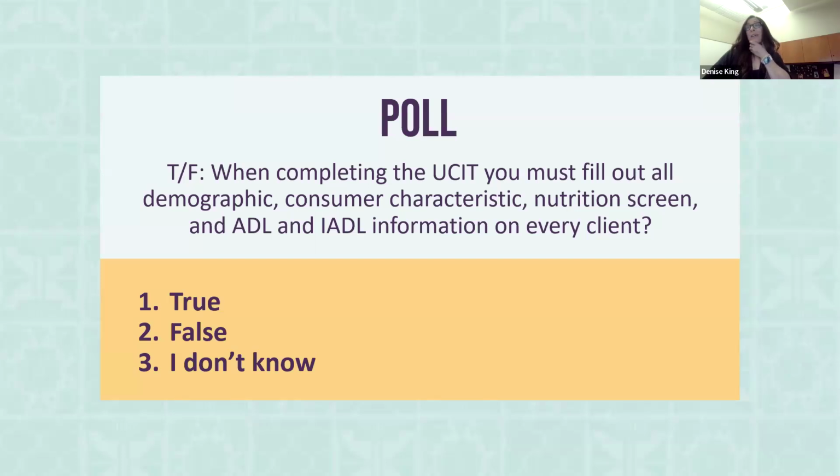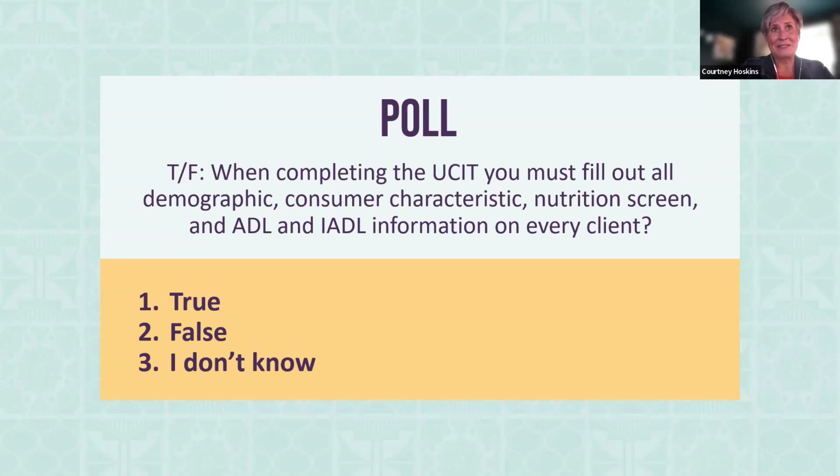So that is false. When completing the Universal Consumer Information Tool, the question is must you fill out all demographic, consumer characteristics, ADLs and IADLs, which is not true. Courtney, you want to go ahead and explain?